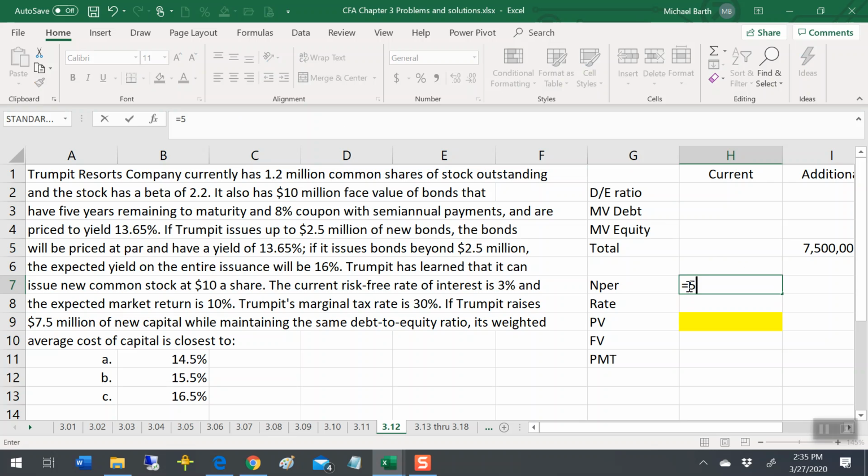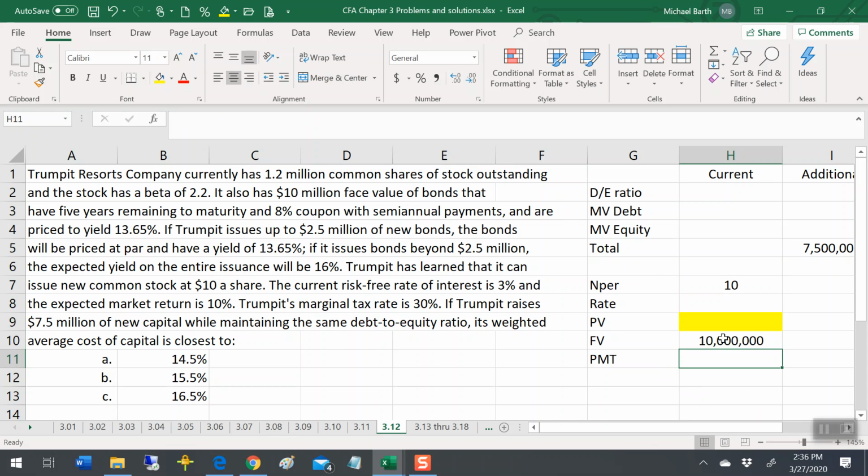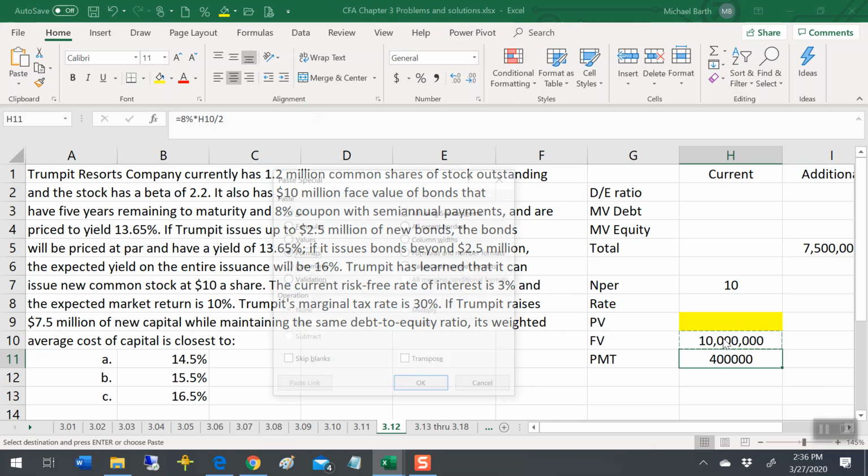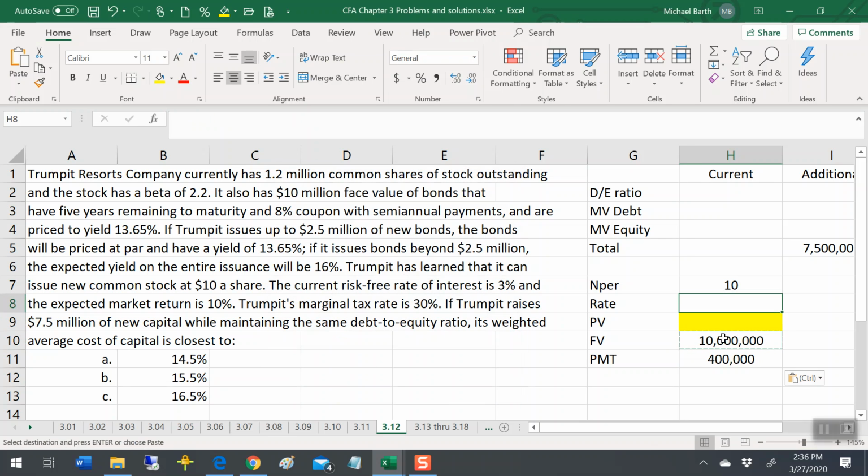They have 5 years to go, but they make 2 payments a year, so that'll be 10 payments. The par value is given at $10 million, and the coupon rate is 8% of the face value, but they make 2 payments a year, so that's $400,000 each payment.